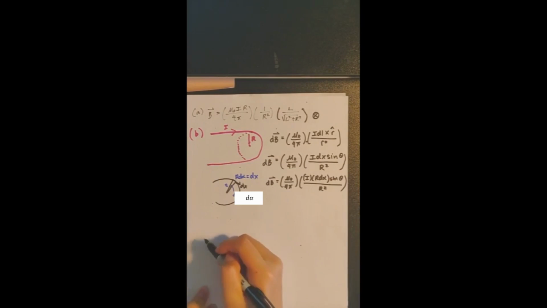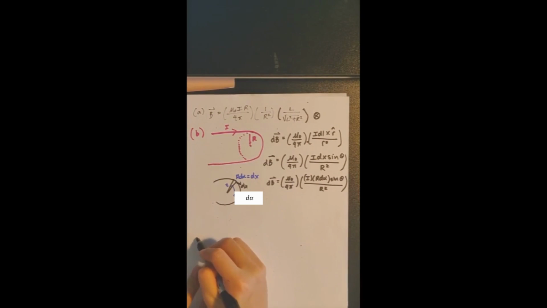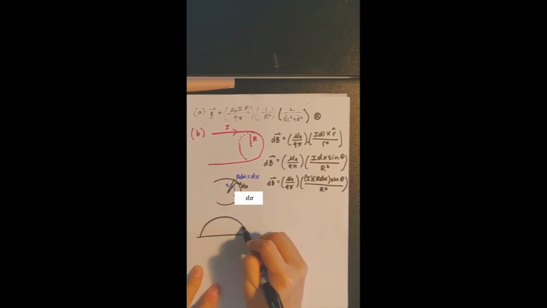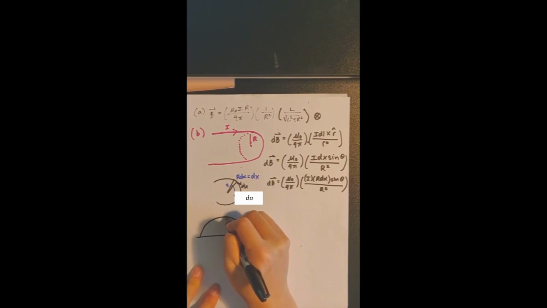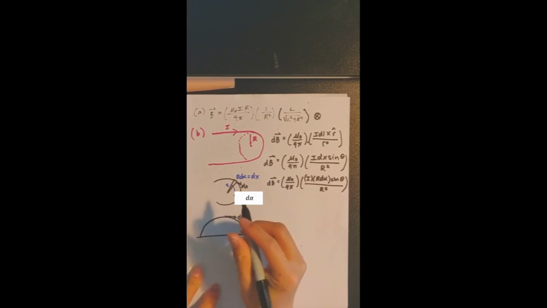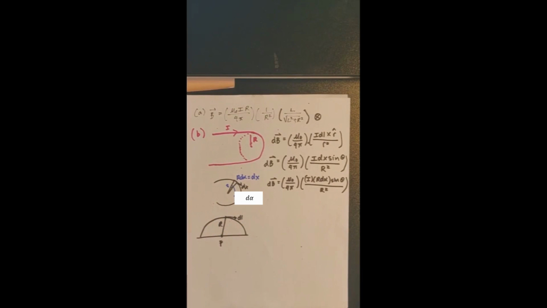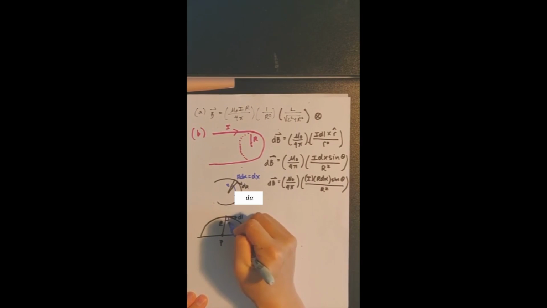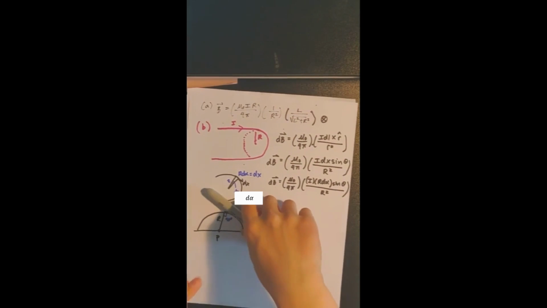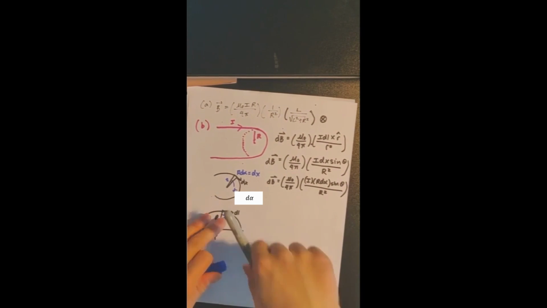I can draw a bigger picture for you guys. I should just draw half of that circle. And then we call this the dl vector. And then we call this the r vector. And this is the P right here. It's simply just going to be 90 degrees, right? No matter where it is, it will always be 90.